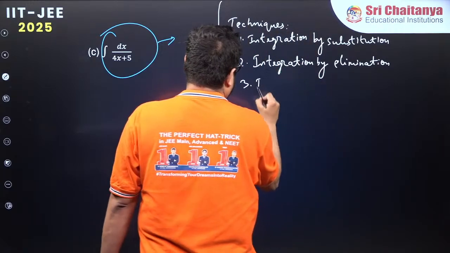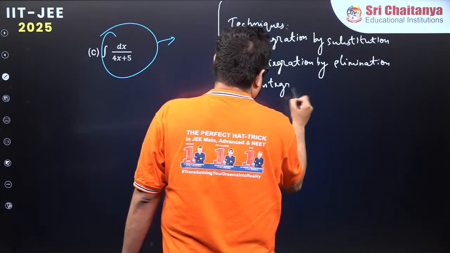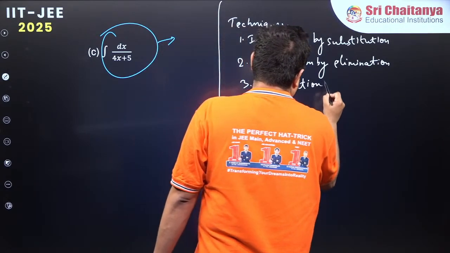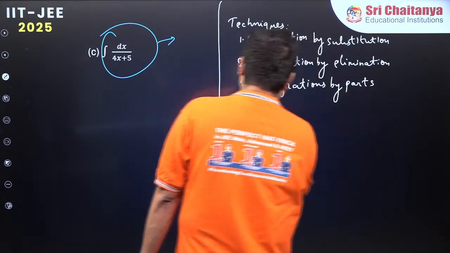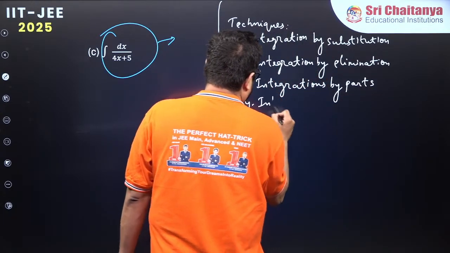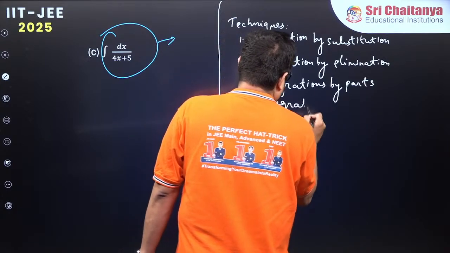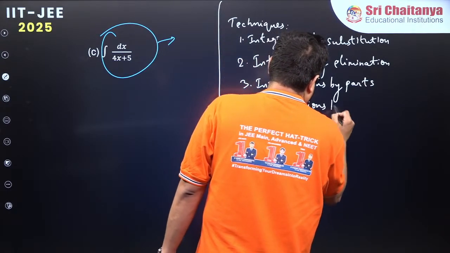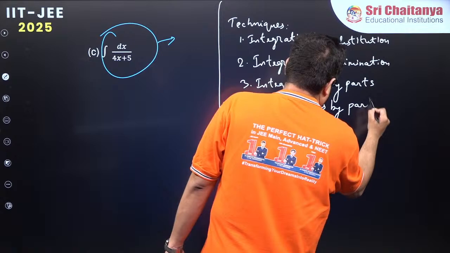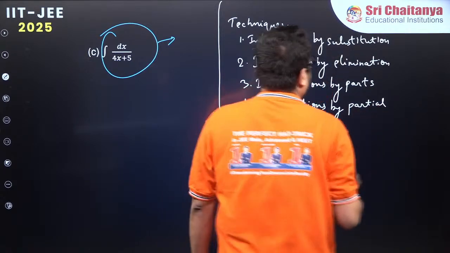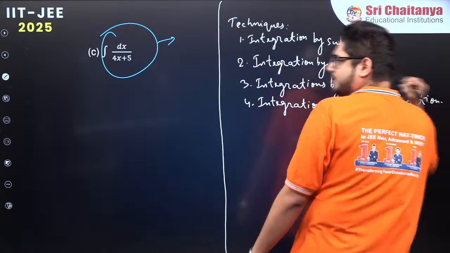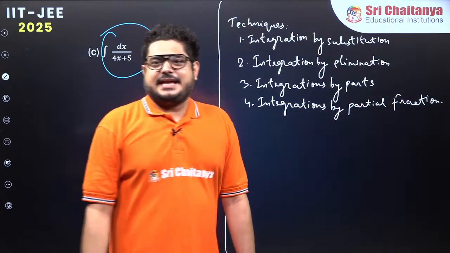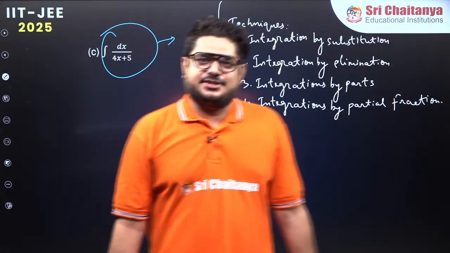Number 3, integration by parts. Number 4 is integration by partial fraction. Okay? So these are the techniques of integration.